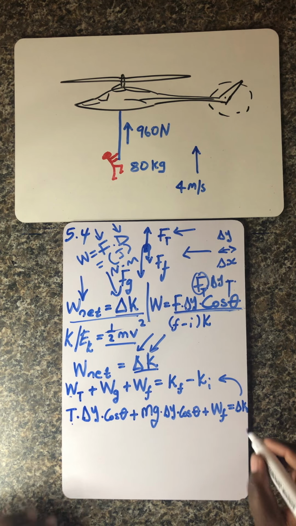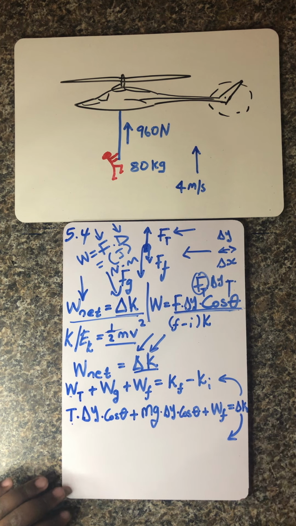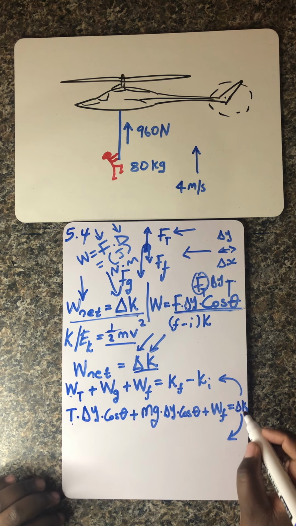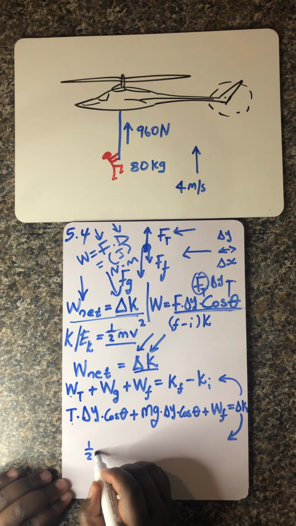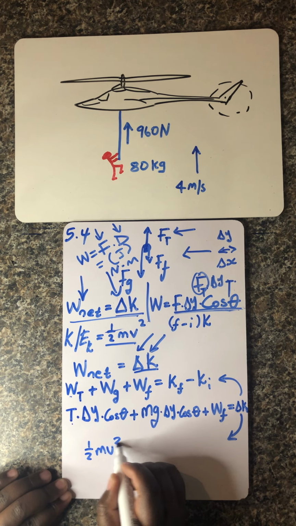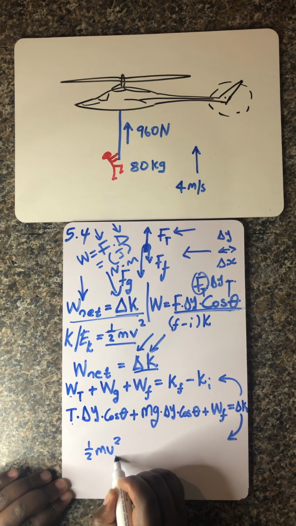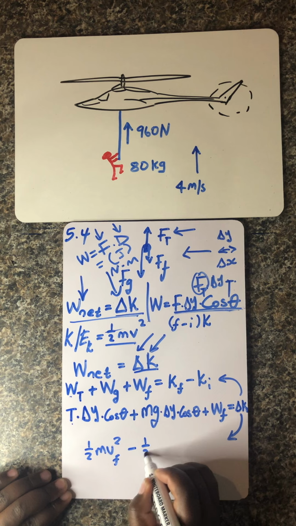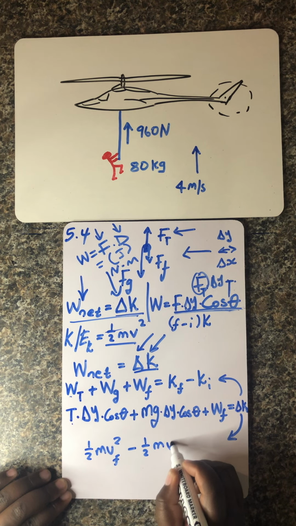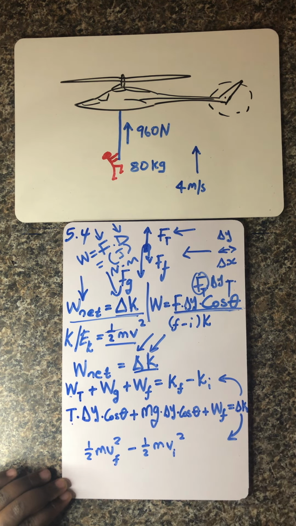I'm going to quickly explain a little bit more about change in K. Okay, so ladies and gentlemen, remember delta K means it's half mv squared, with v final, then you subtract half m v initial squared.